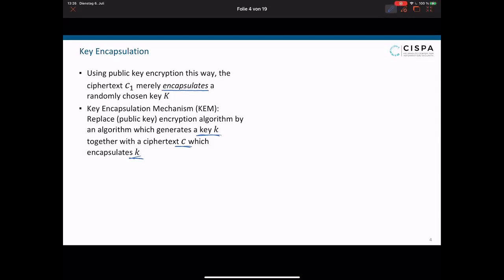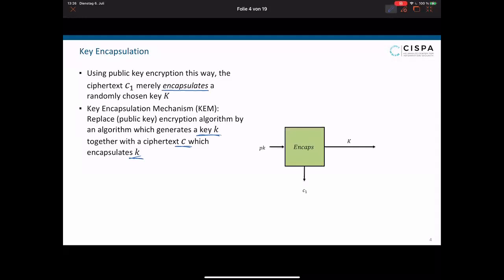So basically, all this means is I'm putting these two steps of first sampling a key and then encrypting it under public key encryption into one step, because that can be done more efficiently, as we will see in just a moment. We can even save another small amount of bandwidth and computation time with this idea. But this is a very small and moderate amount.